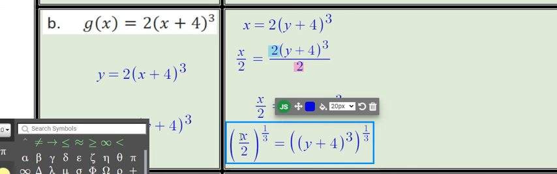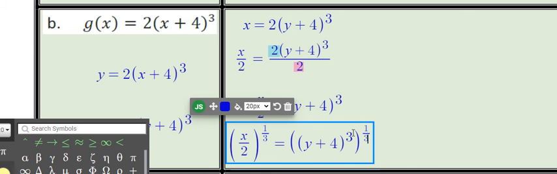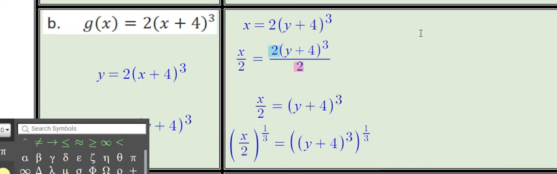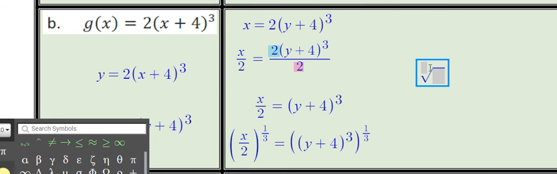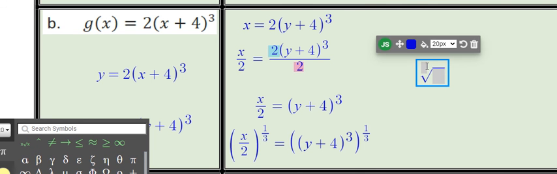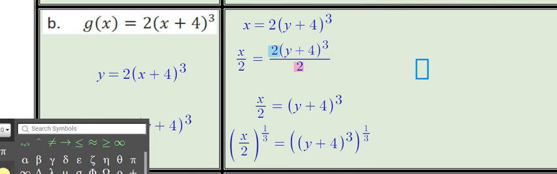But now, what is x over 2 to the 1/3 power? Technically, that is a cube root. Not a square root, but a cube root. So the cube root feature allows me to put an index into my root.